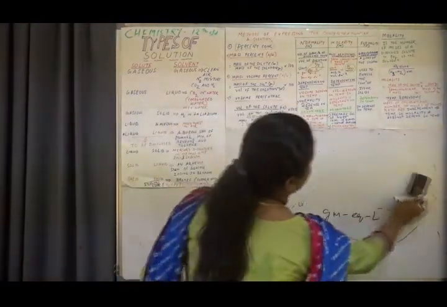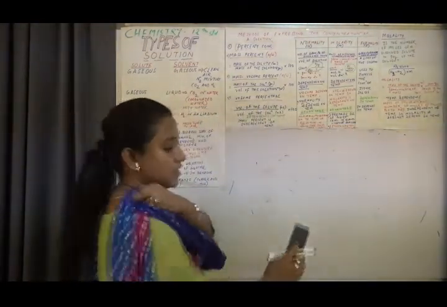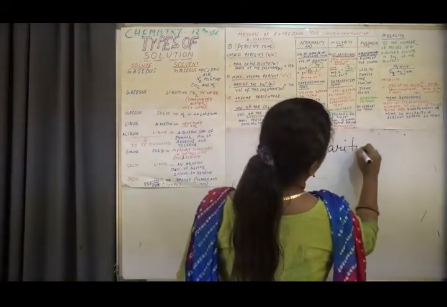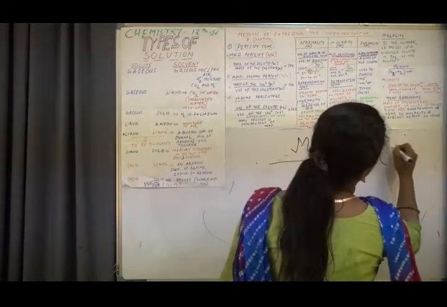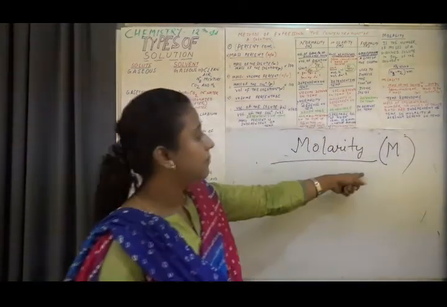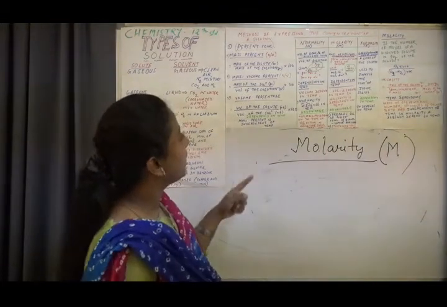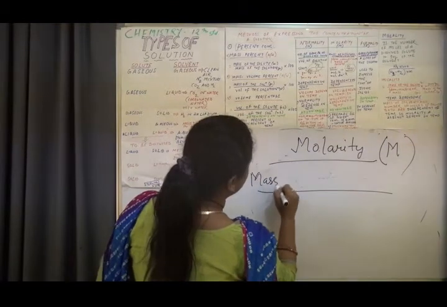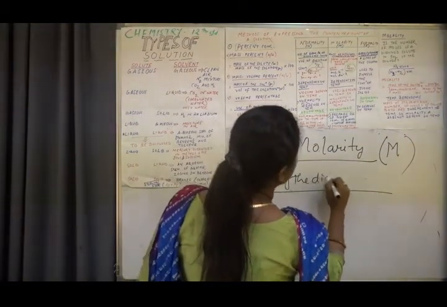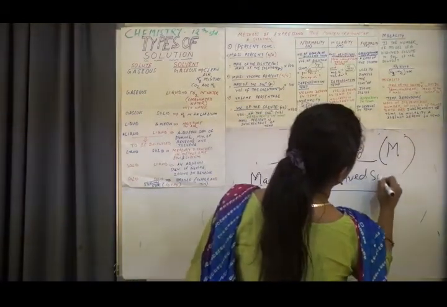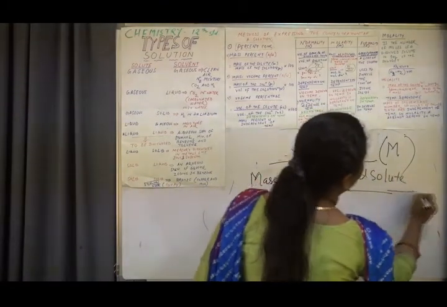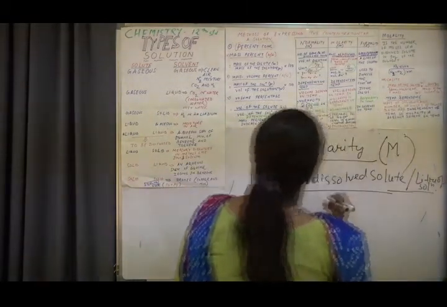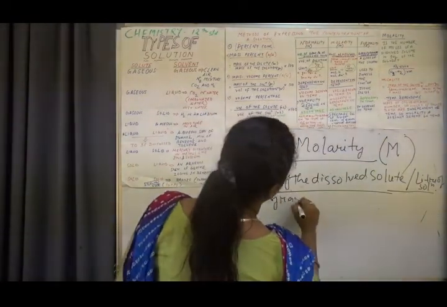Next, going to the second part, which is molarity. What do you mean by the term molarity? It is denoted by capital M. Molarity means the mass of the dissolved solute per liter of the solution divided by the gram molecular mass.